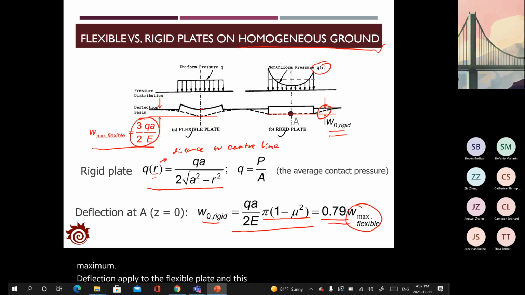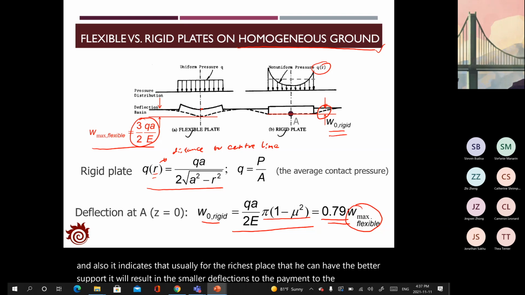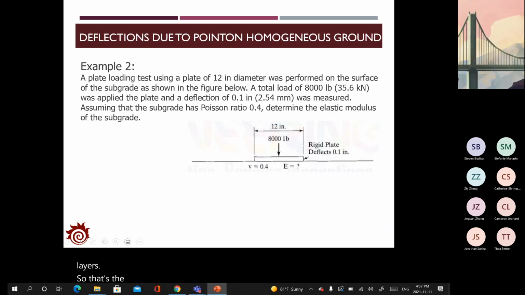This coefficient shows the relationship between the deflections of the rigid and the flexible plates. It also indicates that usually the rigid plates can have better support, which results in smaller deflections to the pavement and the subgrade layers. So that's the relationship.